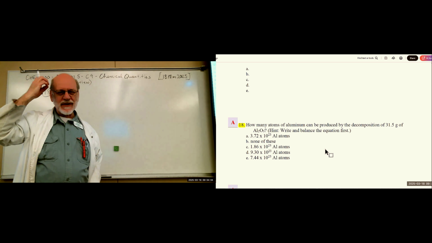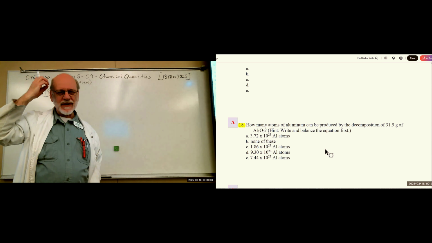How many atoms of aluminum can be produced by the decomposition of 31.5 grams of aluminum oxide? Okay, we're going to decompose aluminum oxide. So you have to understand what decomposition means.